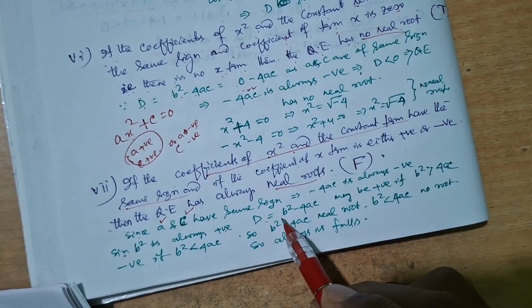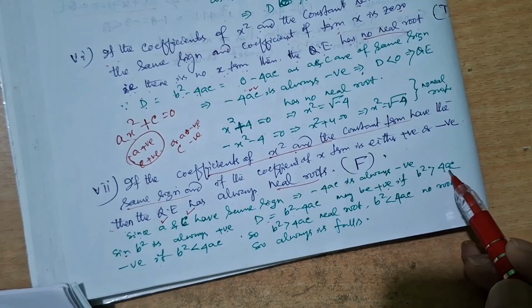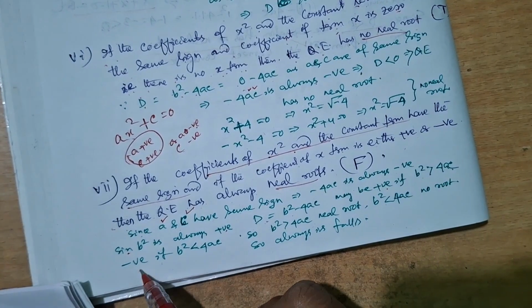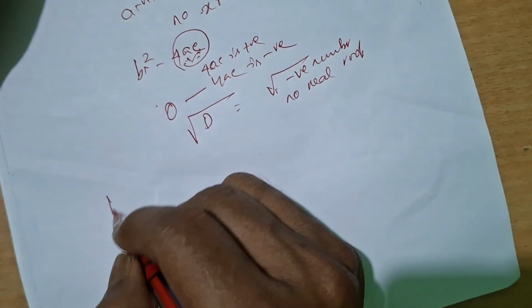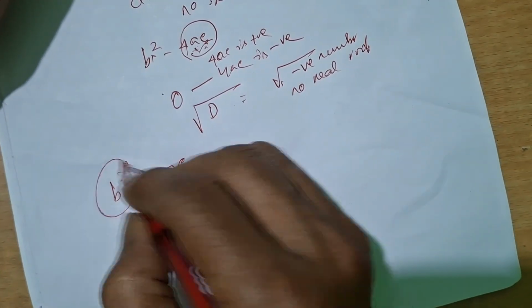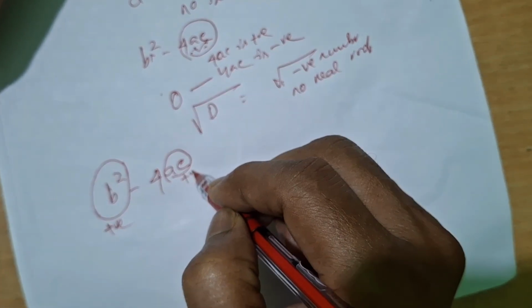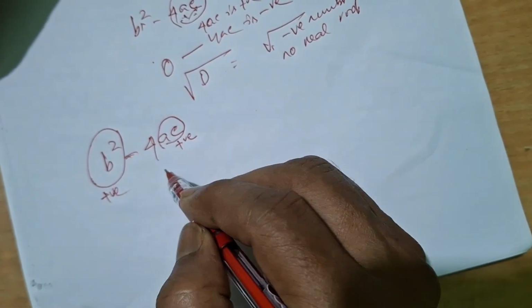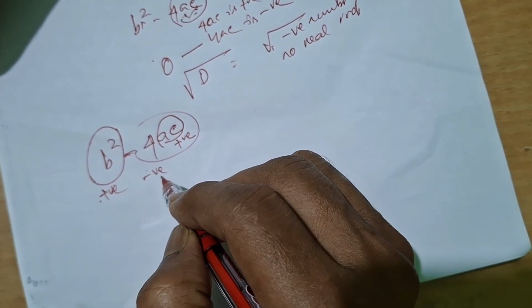So D is equal to b square minus 4ac. B square may be greater than 4ac, or b square may be less than 4ac. B square is positive and minus 4ac is negative.